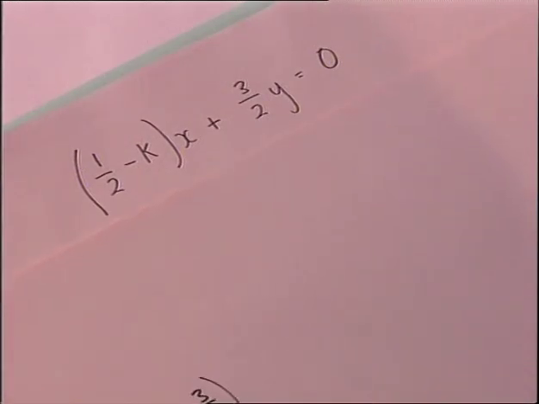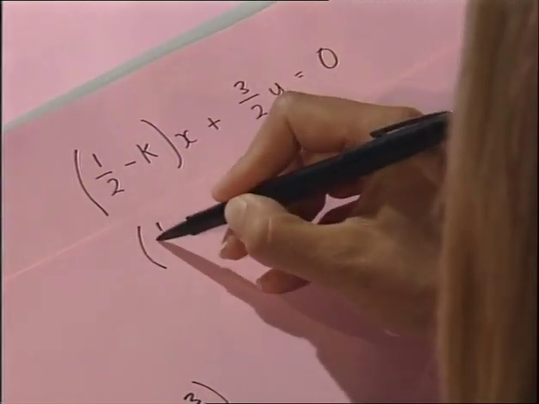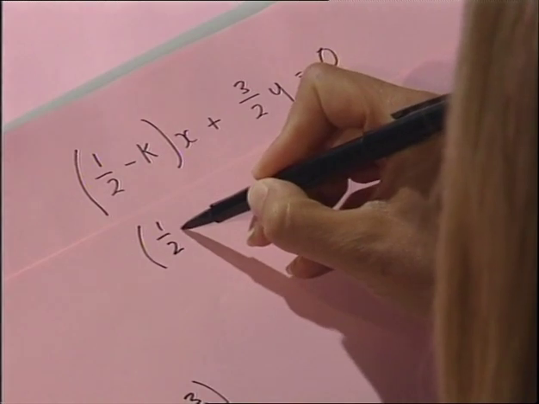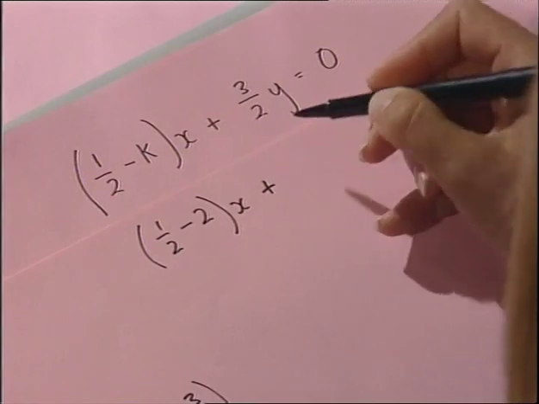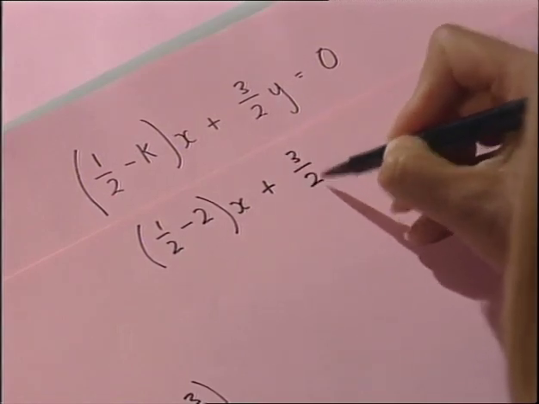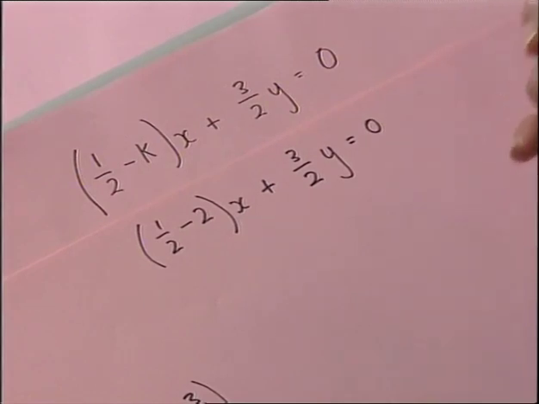So first of all, k equals 2, and I'm just going to use the first of those eigenvector equations. Substituting in, that gives me a half minus 2 times x plus 3 halves y equals 0.